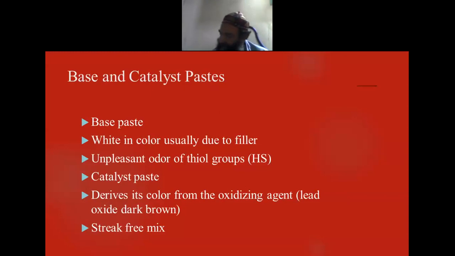So again, the mix which we have to prepare from these two pastes should be streak free, to take maximum benefit and to make sure that all the material is mixed thoroughly.